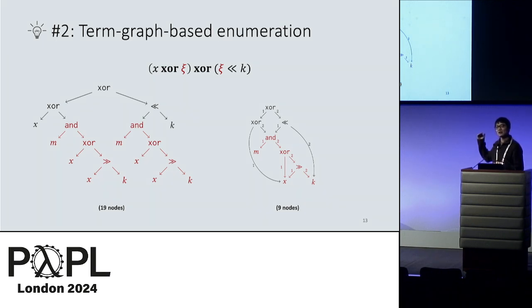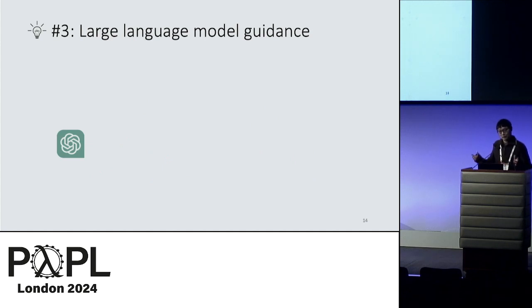And if you search along the side of the term graph, you can prioritize the search to these kinds of expressions. This is a very simple idea, but we were a bit surprised that it's not actually explored in the community. And it helped a lot in some cases. One more thing is large language model guidance.